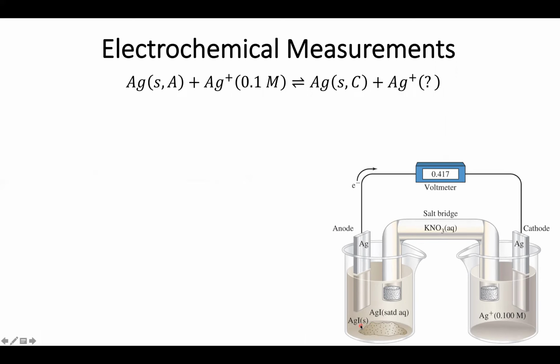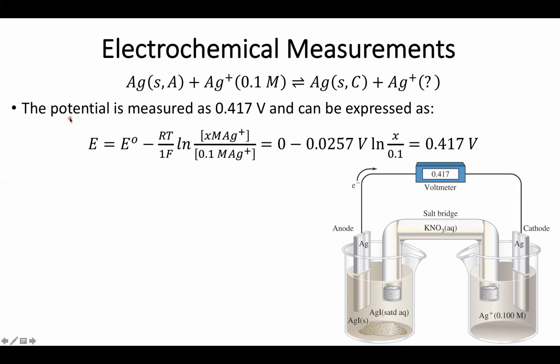The next step is to set up a Nernst equation. Here we get pretty lucky because we can measure the potential, again just using a voltmeter, as a little over 0.4 volts. And because this is a concentration cell, I know that the standard state potential is 0.